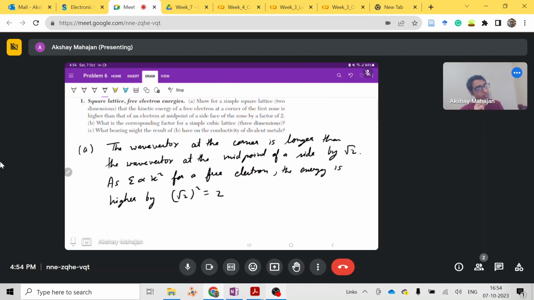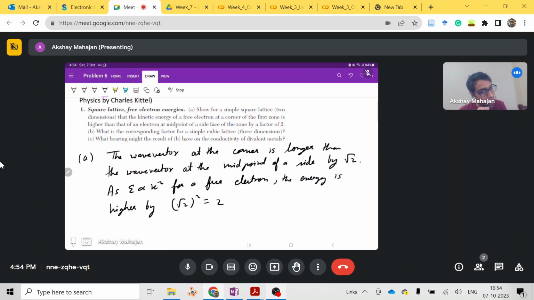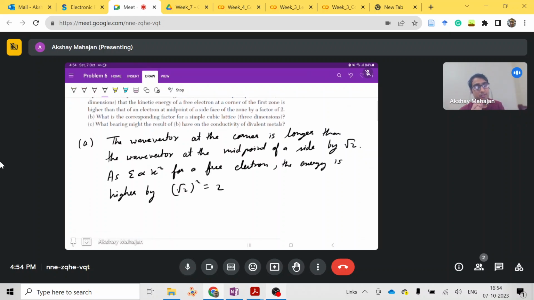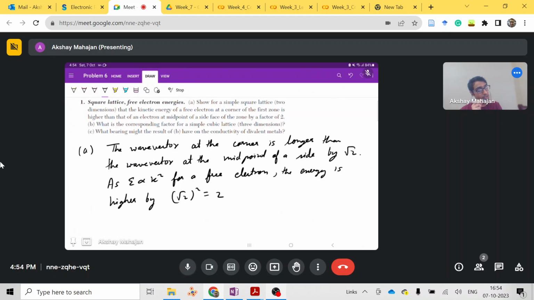Okay, so that's the reason. We have to show that for a simple square lattice, the kinetic energy of a free electron at the corner of the first zone is higher. We know that the energy for a free electron is proportional to k square, and we can see that the wave vector at the corner is longer than the wave vector at the midpoint of a side by root 2.